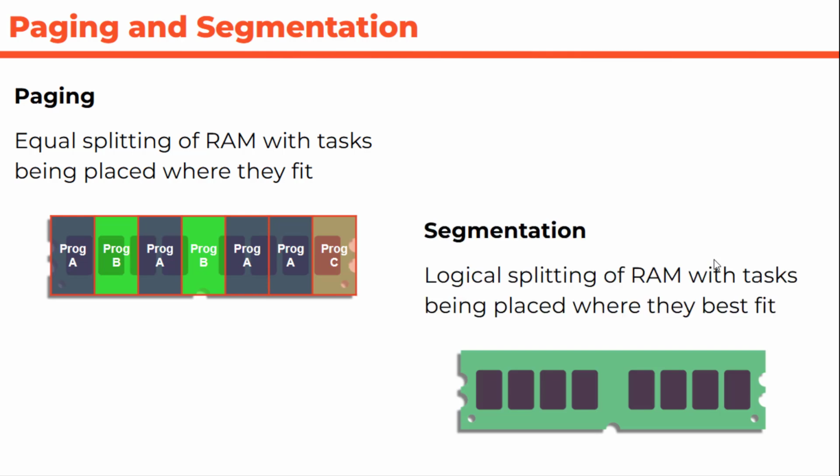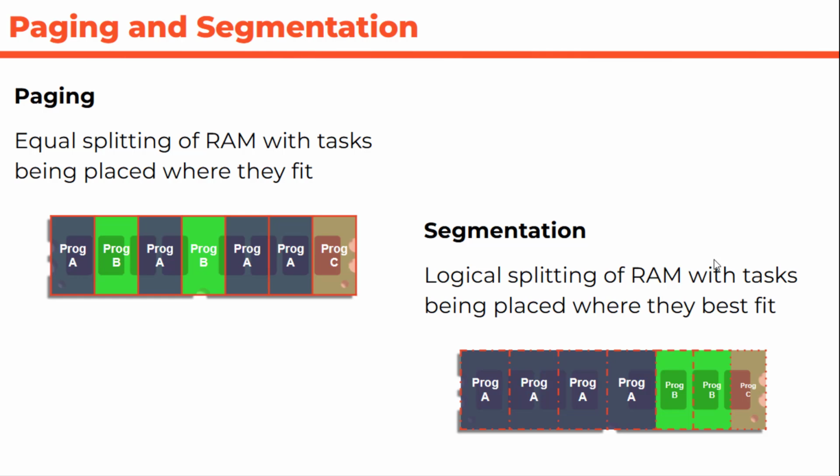In segmentation, a logical splitting of RAM with the tasks being placed where they best fit, you can see that we've managed to put program A all together. Program B has smaller sections, so they've gone together to keep the logical nature of B together, and then program C is shoehorned in at the end, it seems.